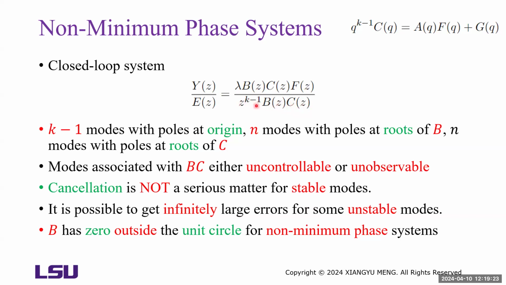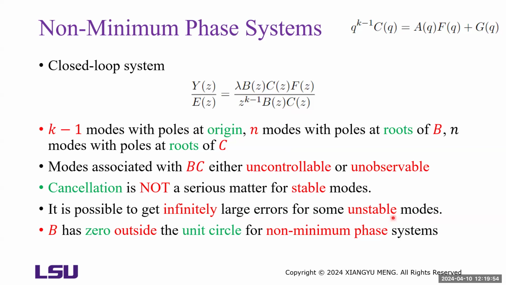So this is the characteristic polynomial, and if you set it to 0, this is the characteristic equation. This is not a serious problem if the modes are stable. But however, if some modes are unstable, it's possible to get infinitely large errors for some unstable modes.